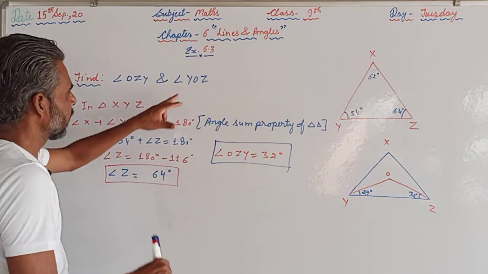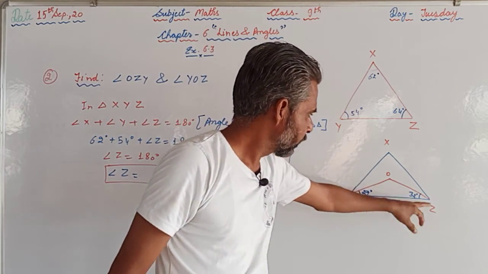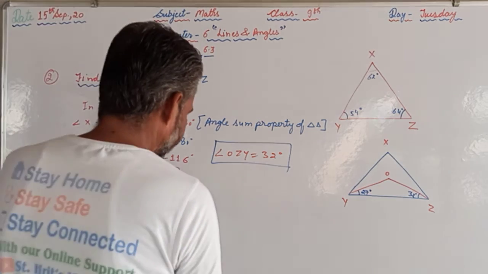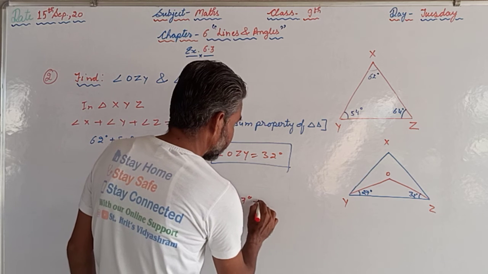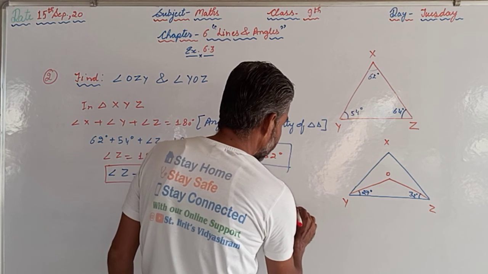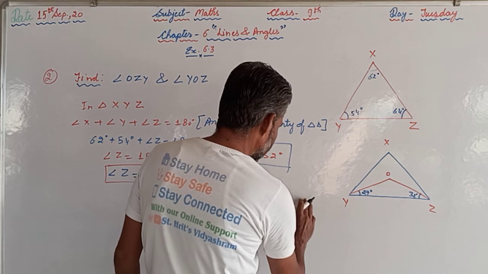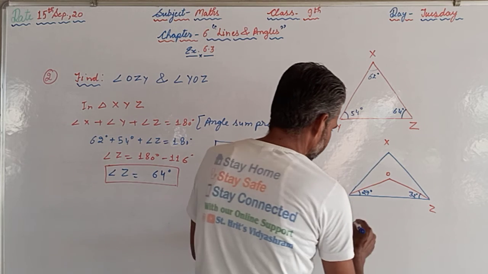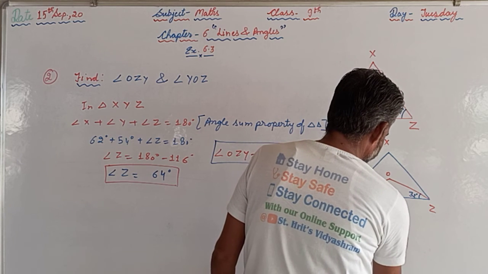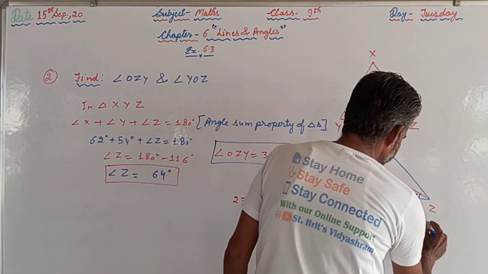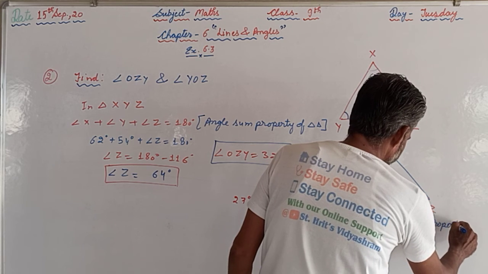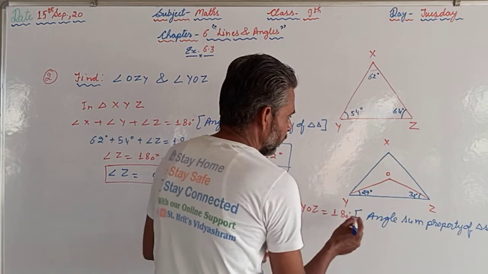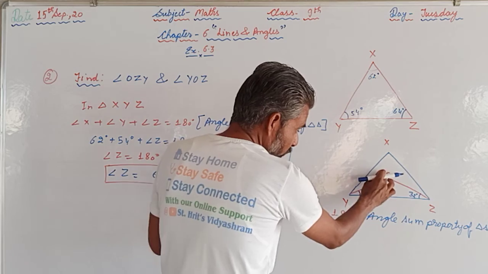Now the second angle is angle YOZ. We can write here 27 degree plus 32 degree plus angle YOZ is equal to 180 degree. Why? Because of the angle sum property of triangles. Which triangle are we considering now?